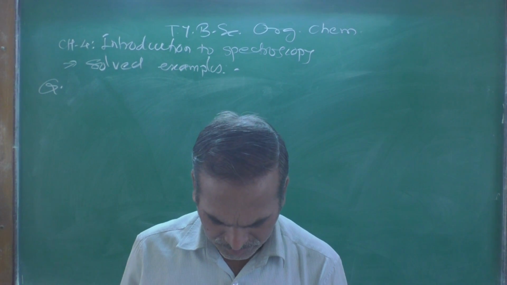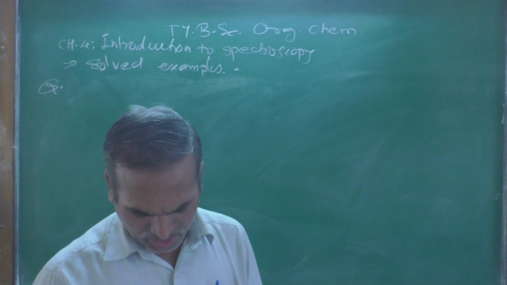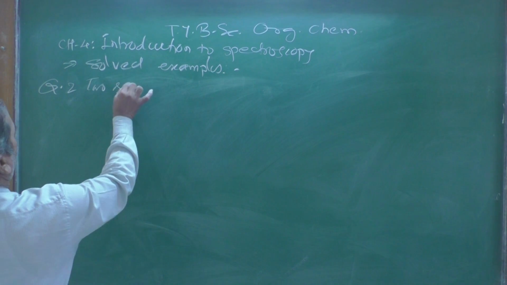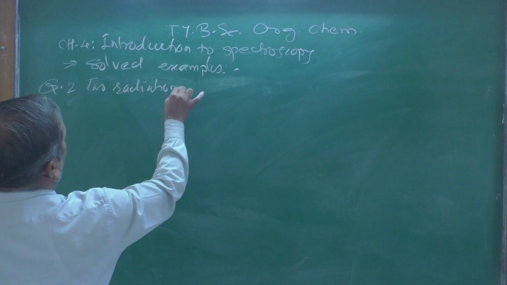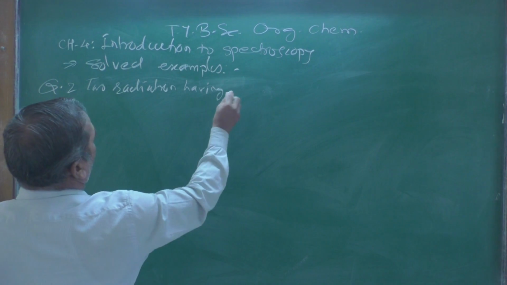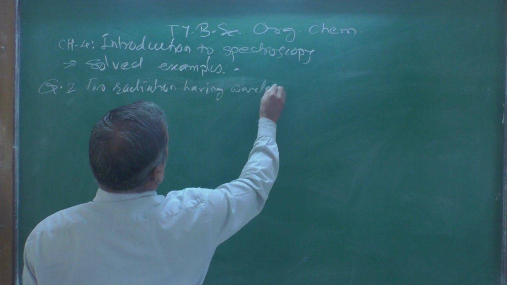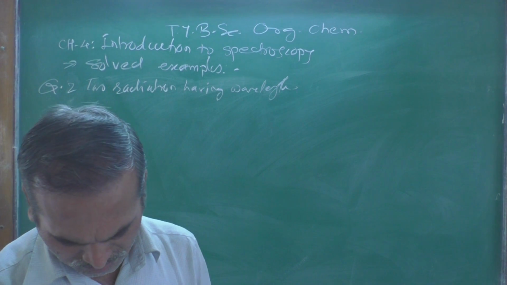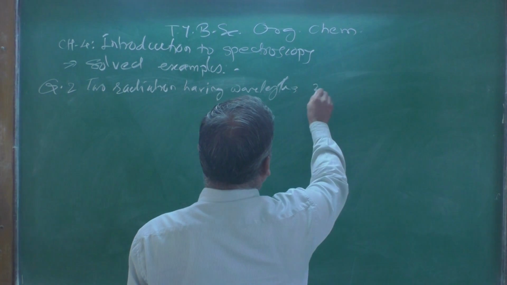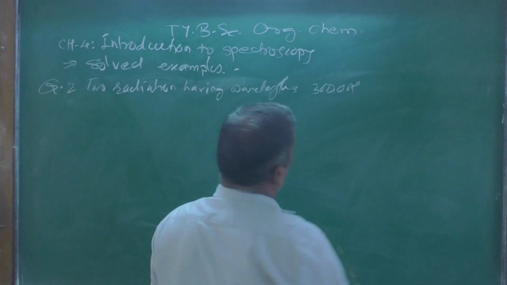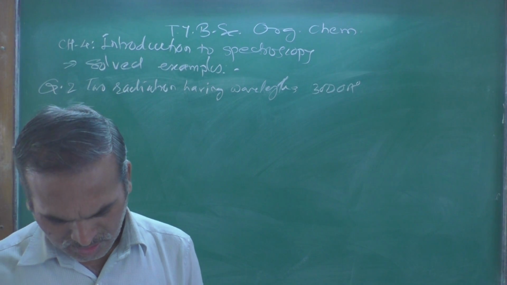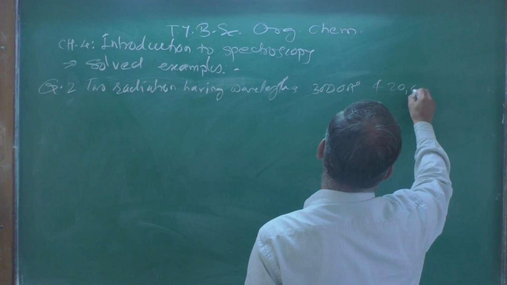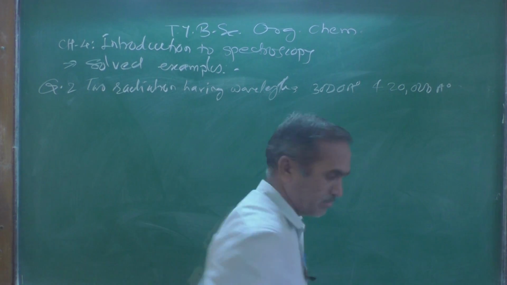So let's see the second one. Two radiations having wavelengths 3000 angstrom and 20,000 angstrom.